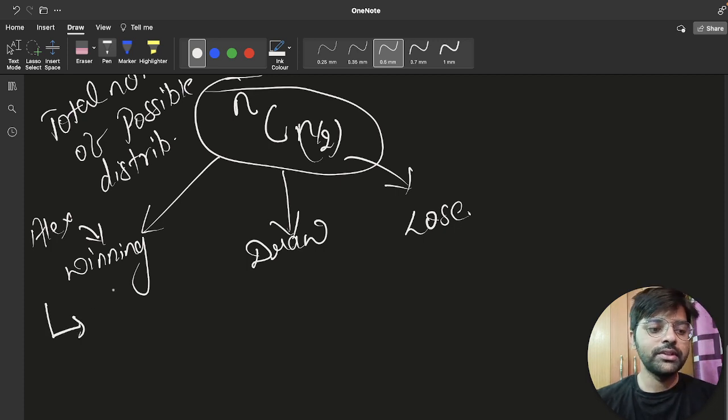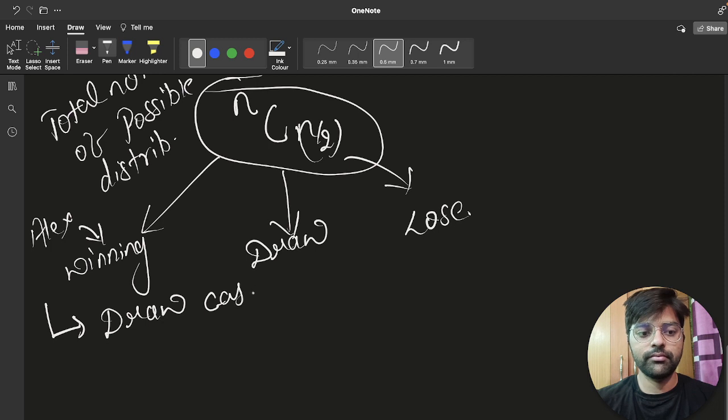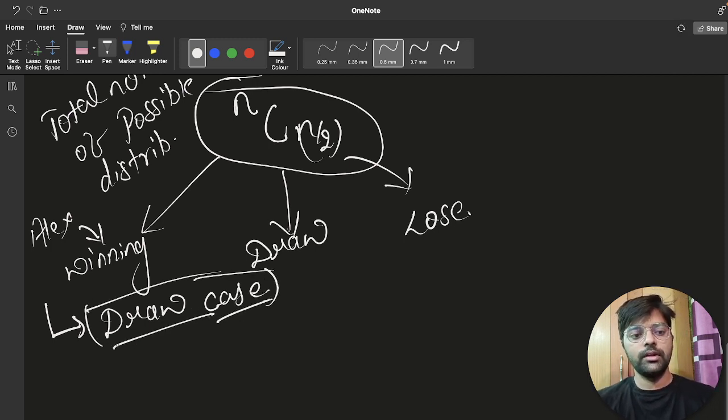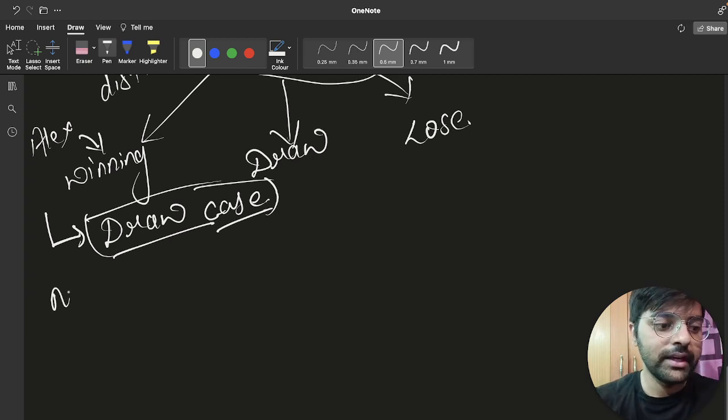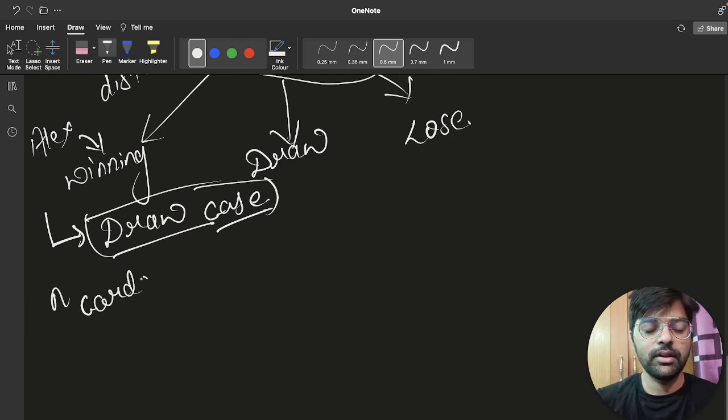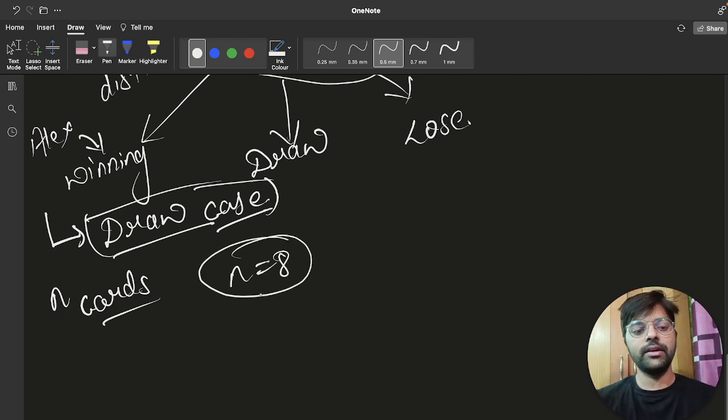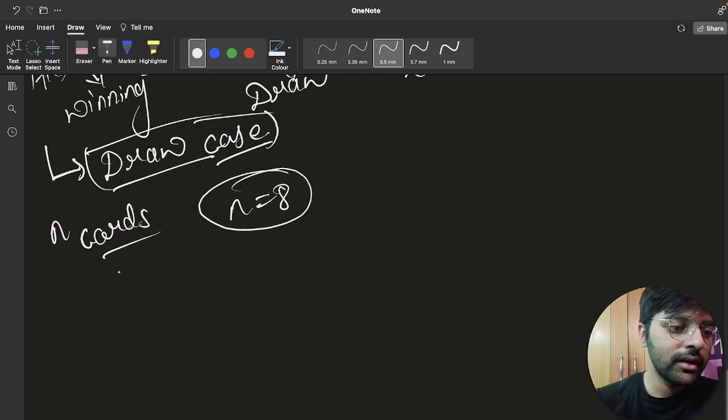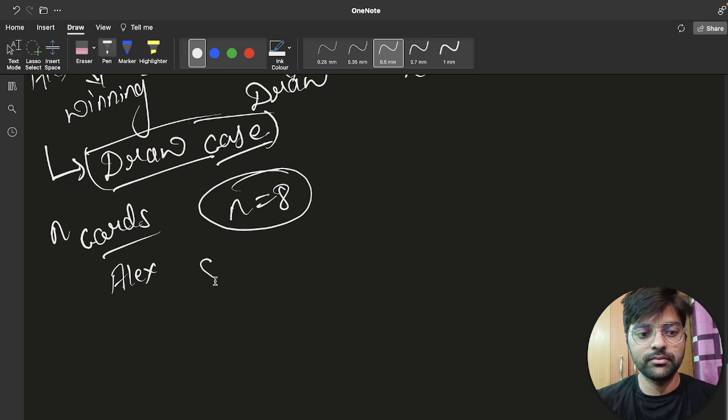So now first we will consider the draw case. Let's say that we have n cards. Let's for example take n equal to 8, right? Now let's consider that Alex has card number 8.